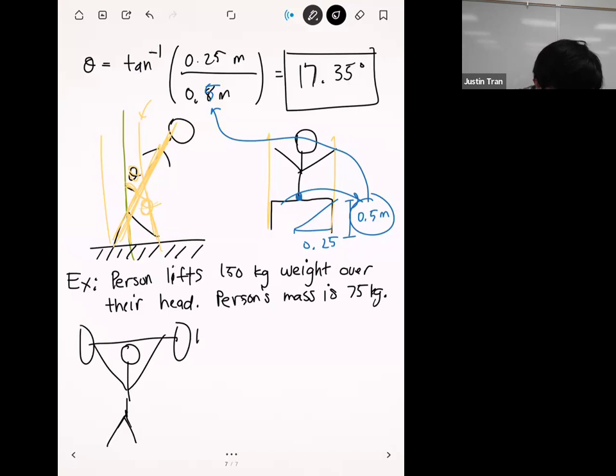Above his head, we have 150 kilograms. From his body, we have 75 kilograms. And we want to do basically the same calculation that we did before. Let's compute the amount that the person can rotate before they start to lose balance.